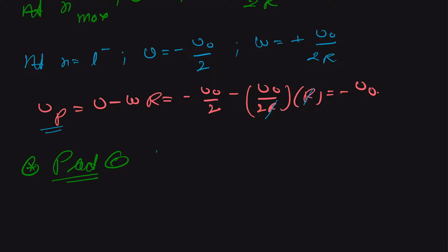Therefore we can say that we have our re-engagement of impulse, that is our J.